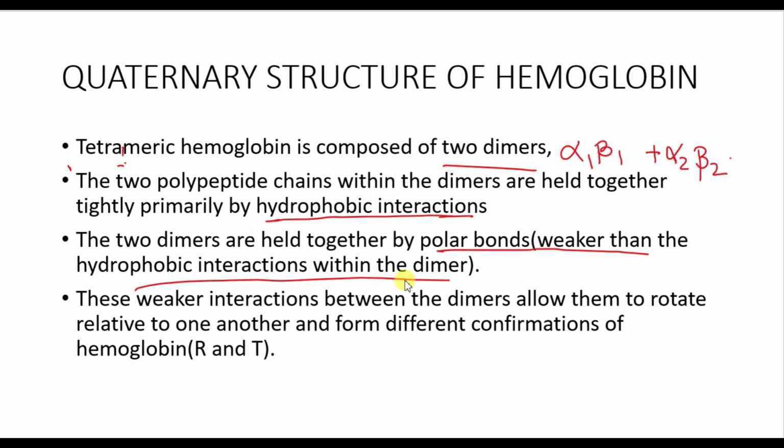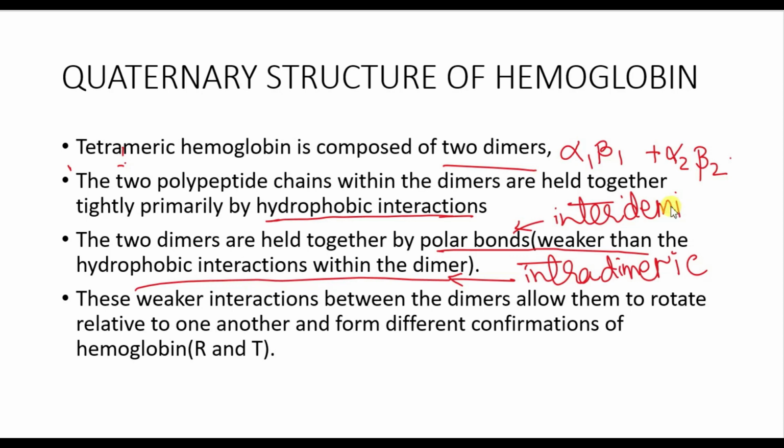That's why the hydrophobic interactions within the dimer are stronger than the polar bonds between the dimers. So I could say that the intradimeric interactions, intradimeric meaning within the dimer, between the two polypeptide chains, the hydrophobic interactions, are stronger than the interdimeric ones. Interdimeric means between the dimers.